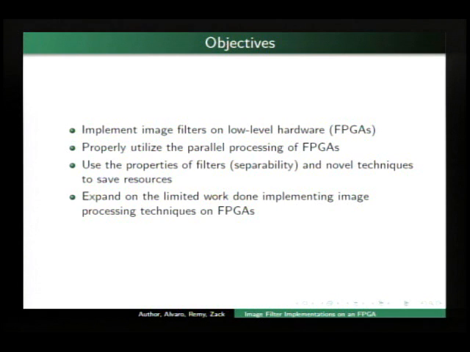Because of the whole goal to do pipeline design, we have to use various properties of filters, including separability, to make it possible, because in one clock cycle you have to do a lot of data. A convolution, for example, is multiple multiplications and additions, and to get that to work in one cycle, you definitely need novel means to make it work. And it's also a very under-researched field, so it's something we'd like to definitely bring forward.